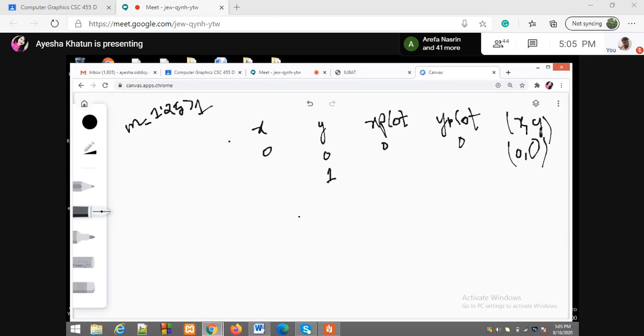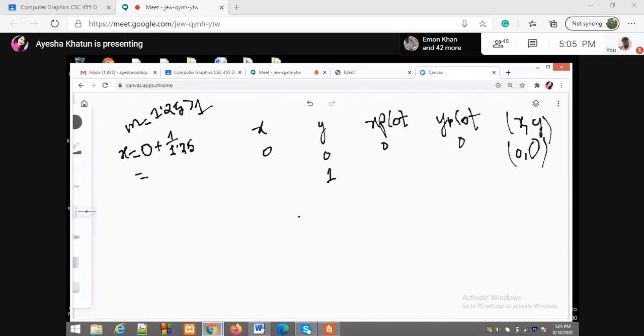And how will x be incremented? x will be the initial value of x plus 1/m, that is 1/1.25. So what we will get? 0.8, right?